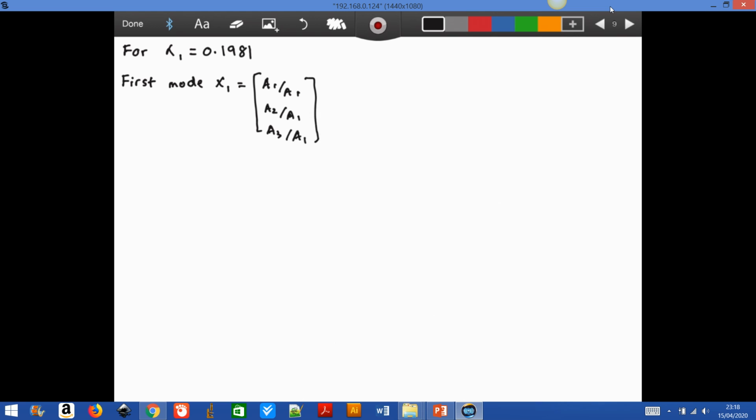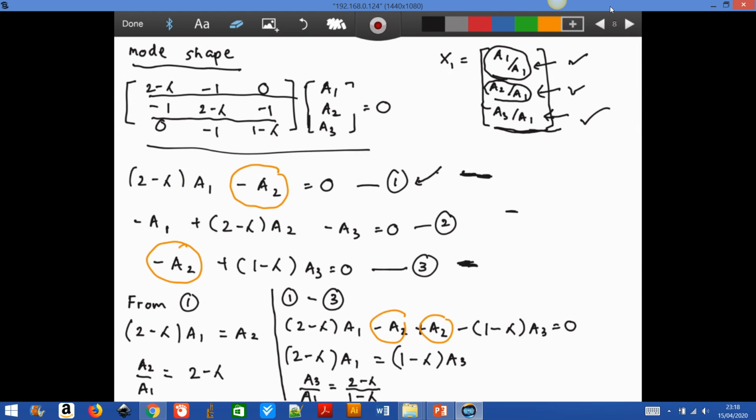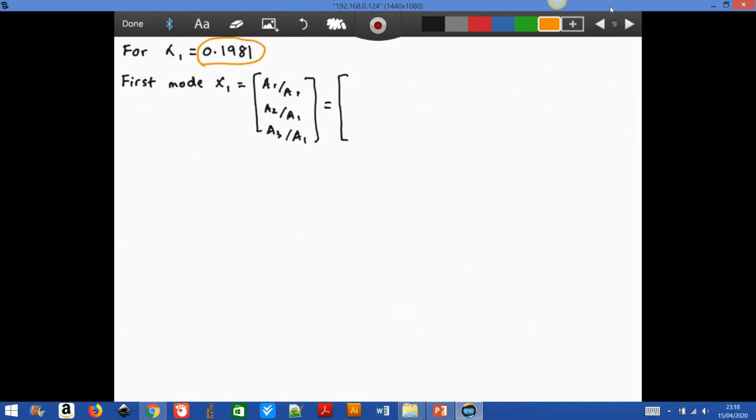You don't need to write this one, you just straight away write the answer. So replace the value of lambda, for lambda 1, 0.1981, in this one and this one. Straight away you will get the answer. So for the first mode shape, it will become 1, 1.8019, 2.247. That is the mode shape for the first one.